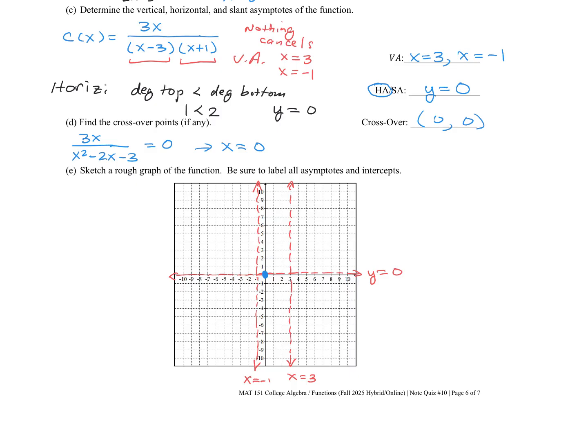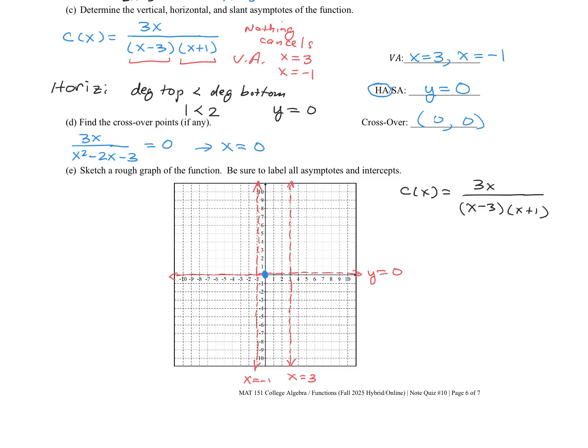And now we have to figure out if we're above or below. So it's really important at this point to maybe think about what our function was again. It was c of x is 3x divided by x minus 3 and x plus 1. So now we can just pick some points.